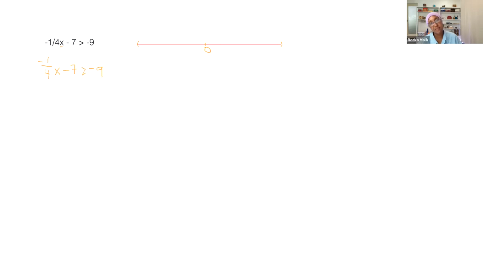I'm going to move the -7 over to the other side, which gives me a +7. I have -1/4 x is greater than -2.